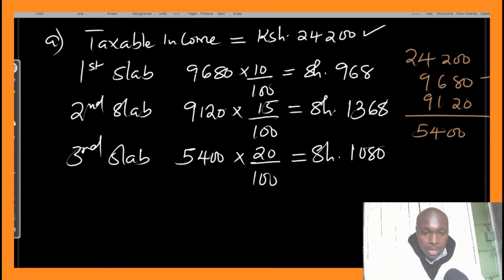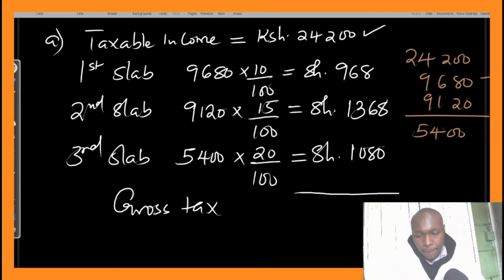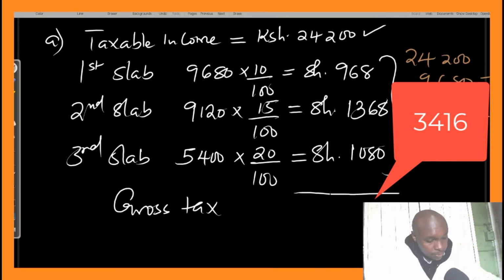When you add 9,680 plus 9,120 plus 5,400, you notice that you have 24,200. So now whatever we get here will represent the gross tax. So what will be the gross tax? You add from here: 968 plus 1,368 plus 1,080, that will give 3,416.